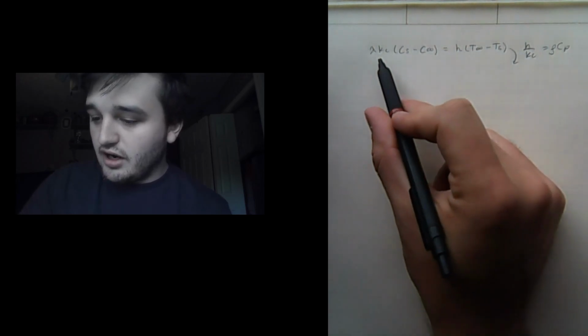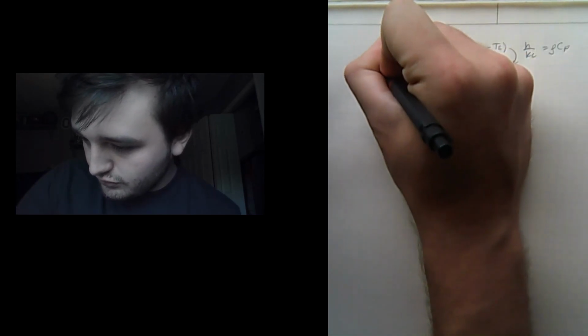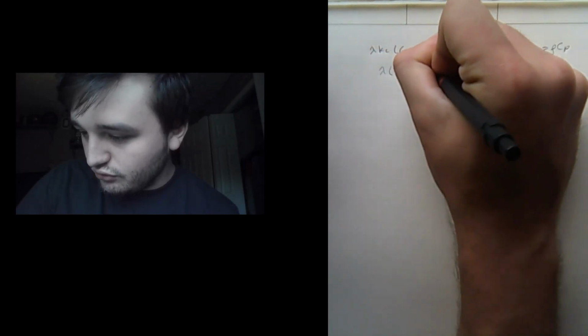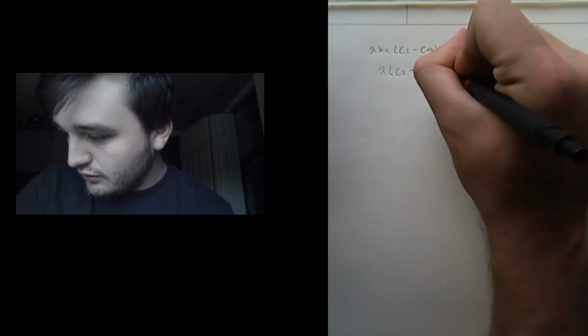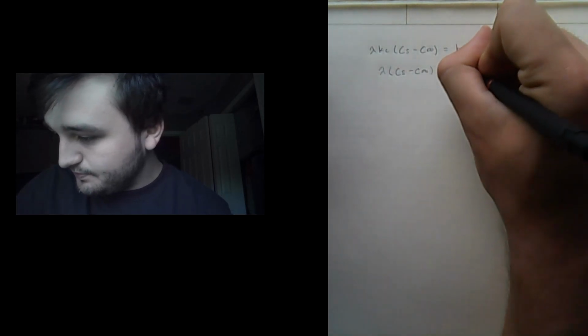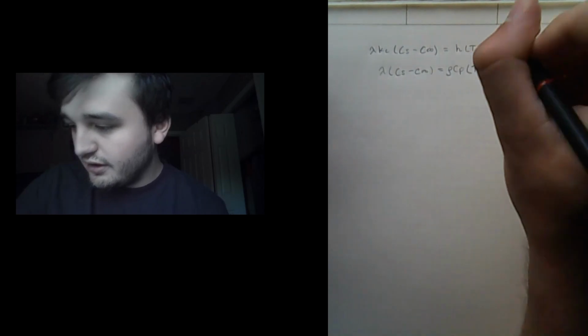We can divide by the mass transfer coefficient and get this equation, which is the heat of vaporization times the difference in concentration between the surface and the air, equal to the volumetric heat capacity times the difference in temperature between the air and the surface.